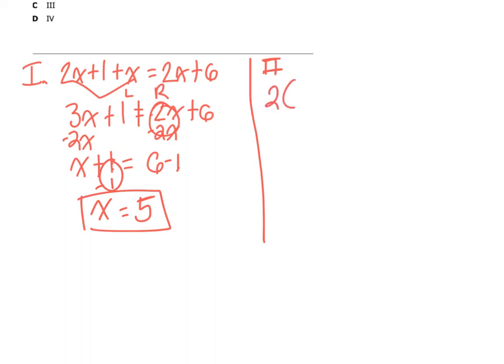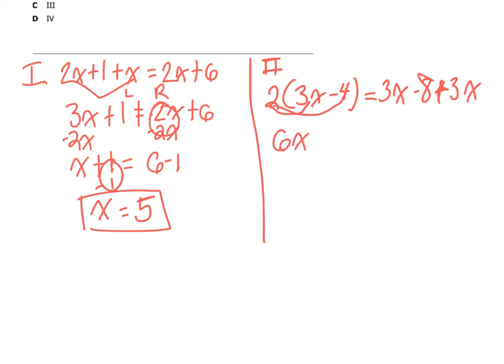2 times 3x minus 4 equals 3x minus 8 plus 3x. First thing I'm going to do is distribute my 2 into my parentheses. 2 times 3x gives me 6x. 2 times negative 4 gives me negative 8. On my right-hand side, I'm going to combine terms. 3x plus 3x gives me 6x.